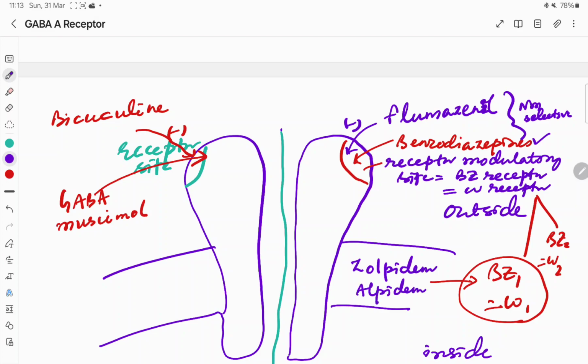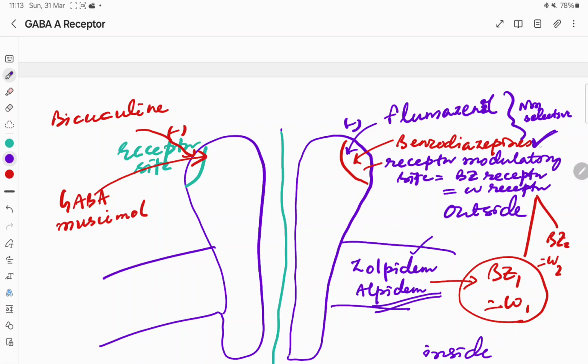The advantage with zolpidem and alpidem is they are anxiolytic, and they show sedative hypnotic action, but they lack the anticonvulsant and muscle relaxant activity of benzodiazepines. Benzodiazepines also show muscle relaxant and anticonvulsant activity, which these drugs lack.